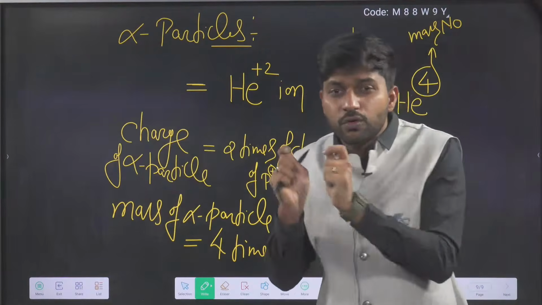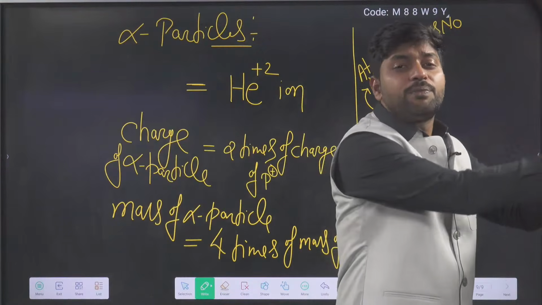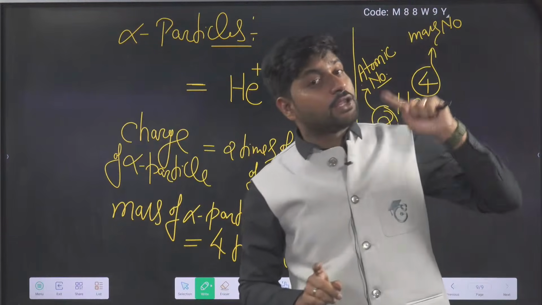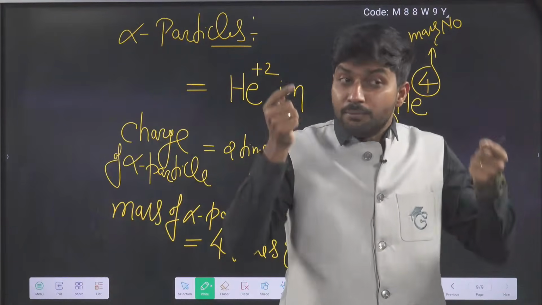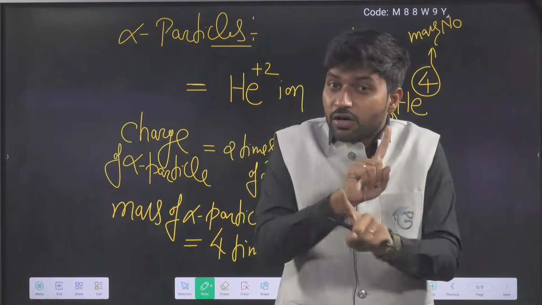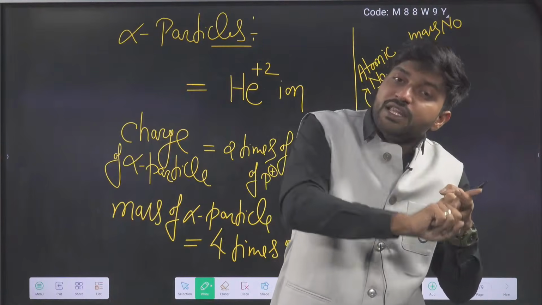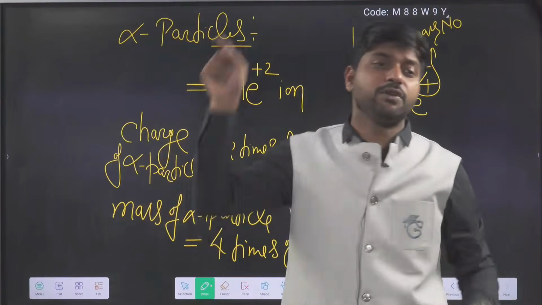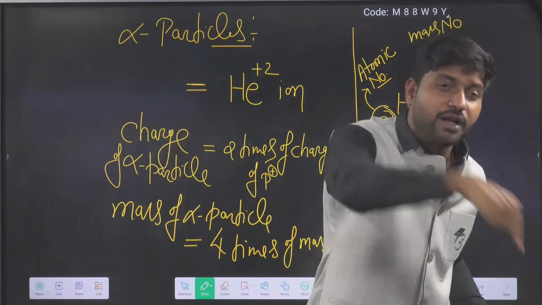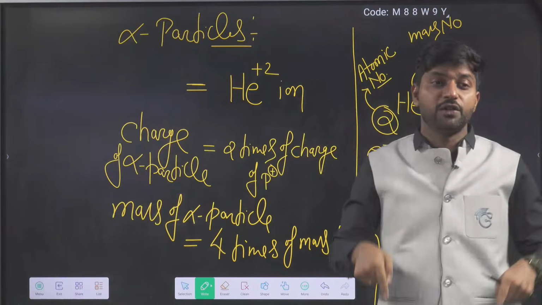Say anode rays are formed with the help of positive ions of the gas. But cathode rays are formed by electrons? Yes, we can say. But for anode ray, we cannot say it is formed from protons. It is formed with the help of protons only when H2 gas is there. If helium gas is there, we will say it is formed with the help of alpha particles. This is very, very important.